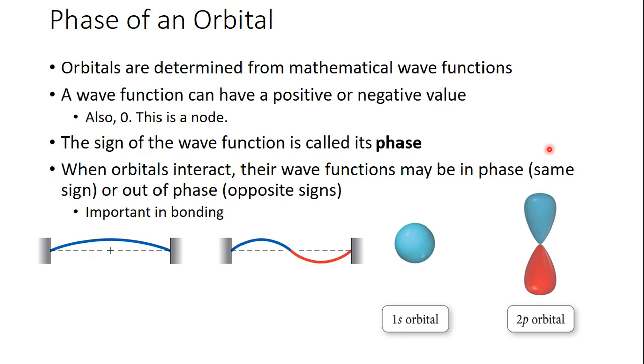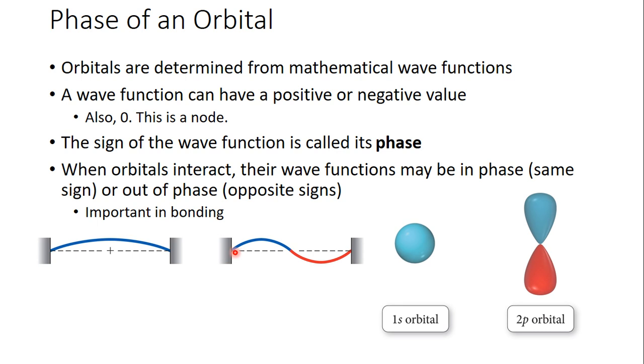So not only shape do we have to talk about for orbitals, we have to talk about what's called phase, because remember, light's not just a particle, it's also a wave. And waves have what are called phases. They can have positive or negative phase. This is very important when it comes to bonding, but let's just go over an example. Here's the s orbital, and you see it's all above this line, so we can say it has a positive phase.